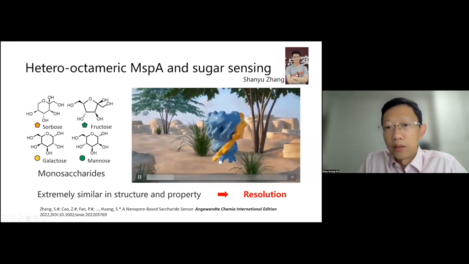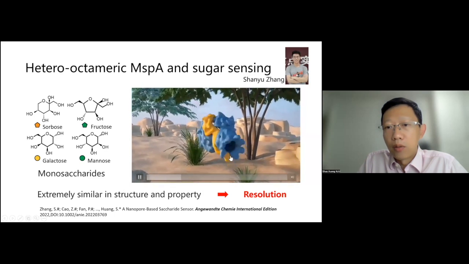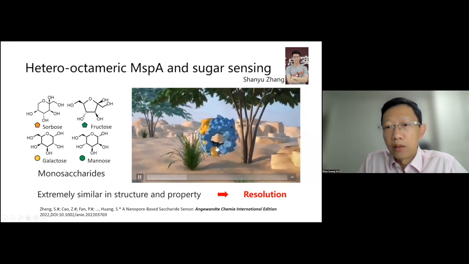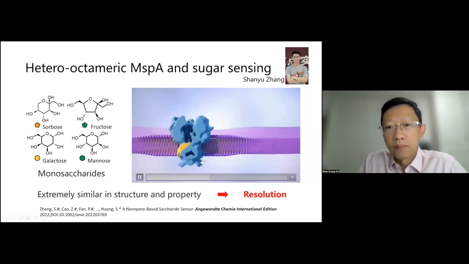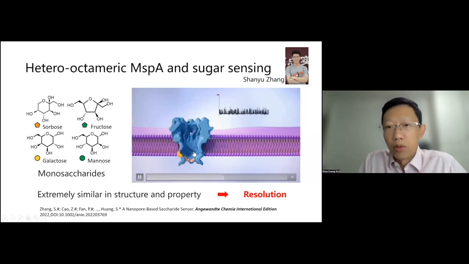And this monomer will contain a unique reactive site so that it can bind with, for example, a phenylboronic acid reactor. Then this nanopore will be used pretty much like all other nanopores, but it will start recognizing different saccharides, because of these pairs of hydroxy groups which react with the phenylboronic acid.